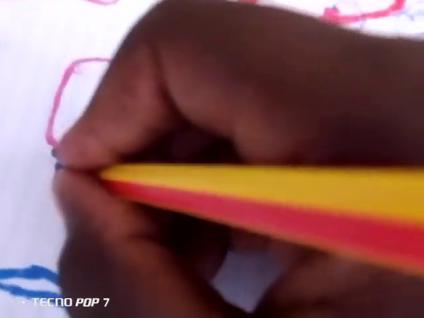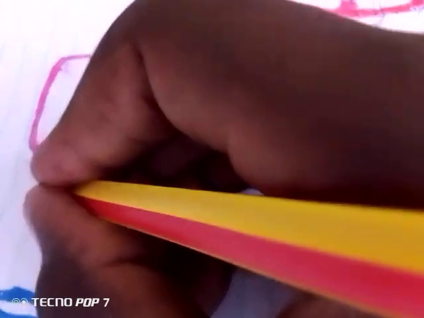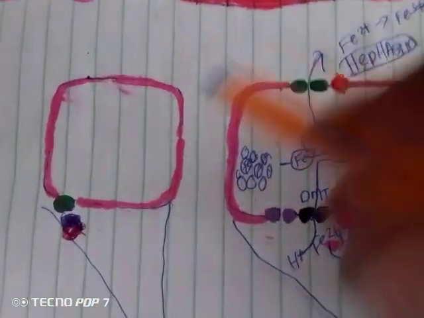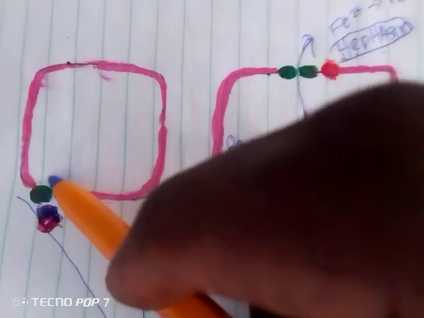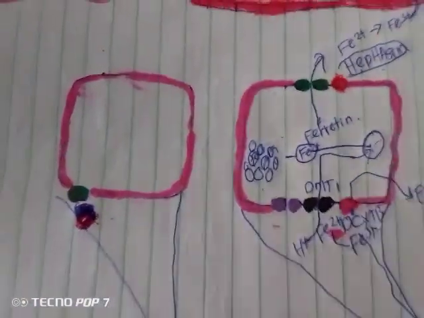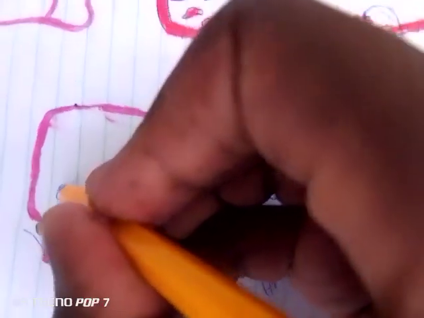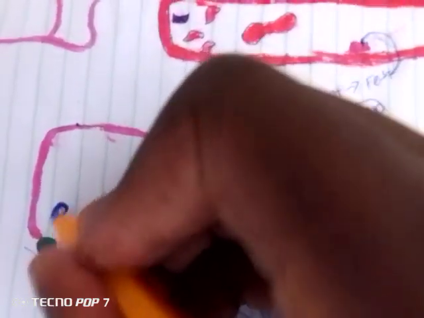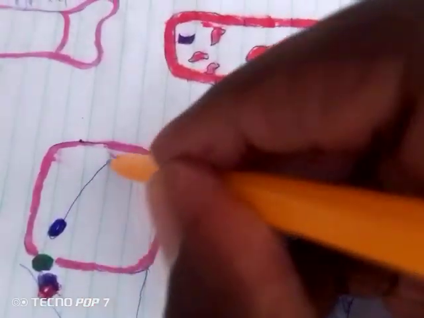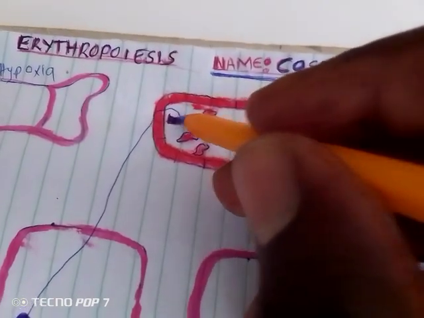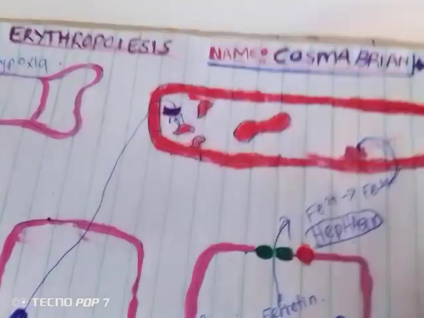The red one is the intrinsic factor, and the blue one is the B12. Through a process known as receptor-mediated endocytosis, the B12 now comes in, and it's taken all the way to the capillary where it binds to transcobalamin 1 and 2.